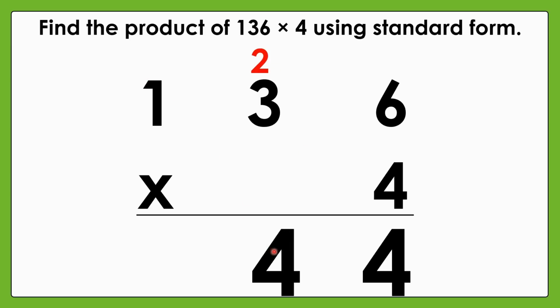We're going to put 4 here and 1 in the hundreds place. 1 times 4 is 4 plus 1, so we have 544. Therefore, 136 times 4 is equal to 544.